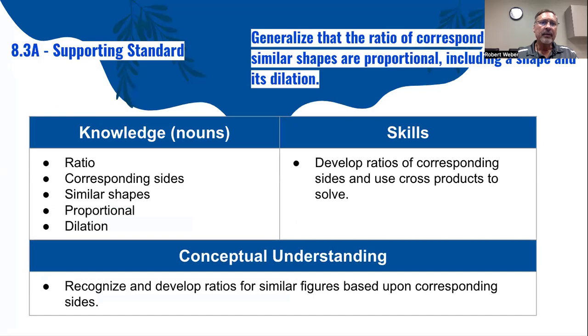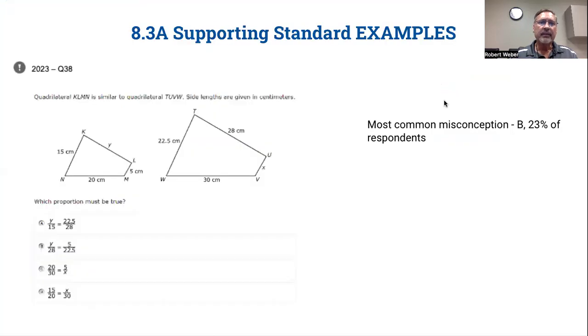Oops, I blew by. 8.3A is a supporting standard. This is similar shapes and proportionality, corresponding sides. So I'm sure you're aware this is probably ratios and doing cross products to solve for corresponding sides. And that's 8.3A. You can see the sample question from 2023.